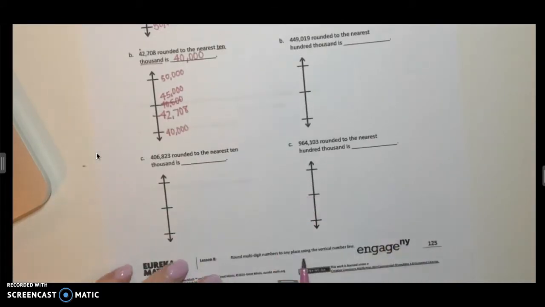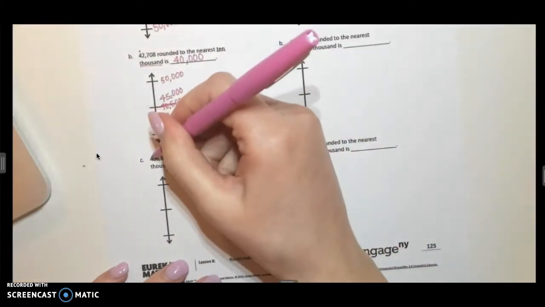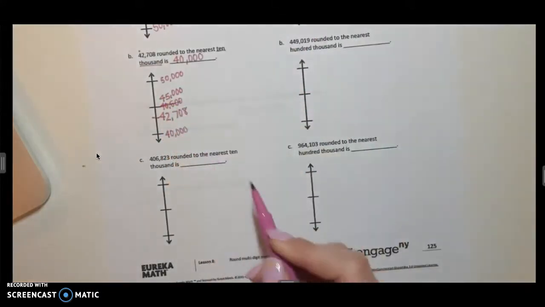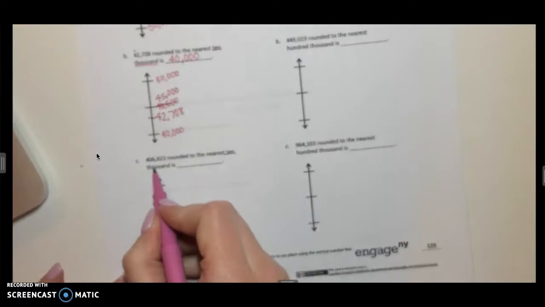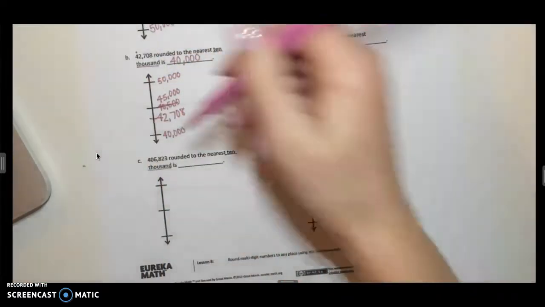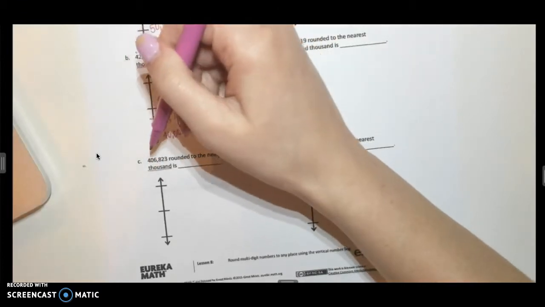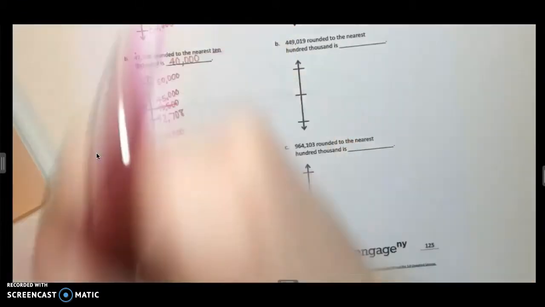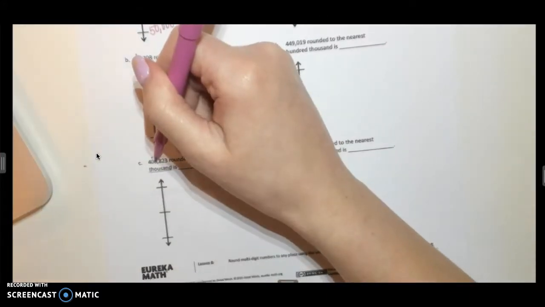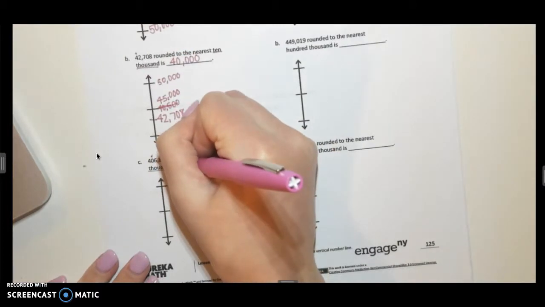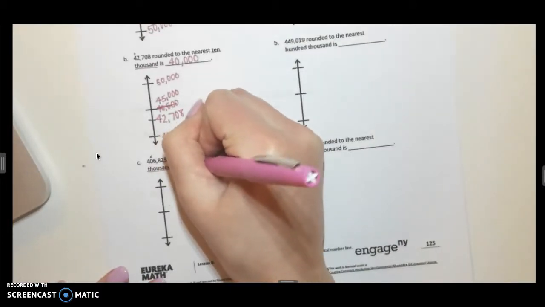Now going down to our letter C, 406,823 rounded to the nearest 10,000 again, so we are looking at this place value, that 0 right there, and we're looking to that 6 to tell us what to do, and that 6 is telling us to go up. So it'll be 410,000.